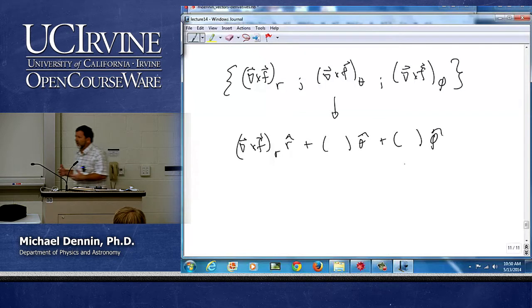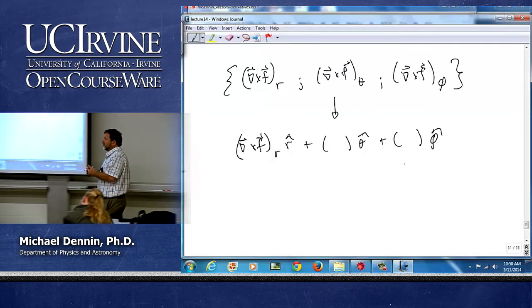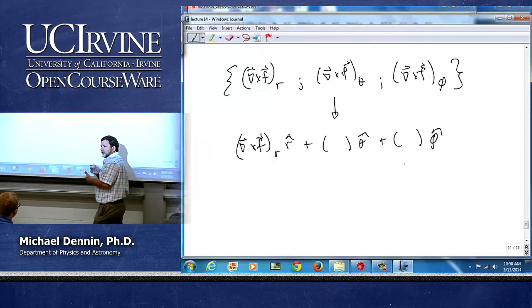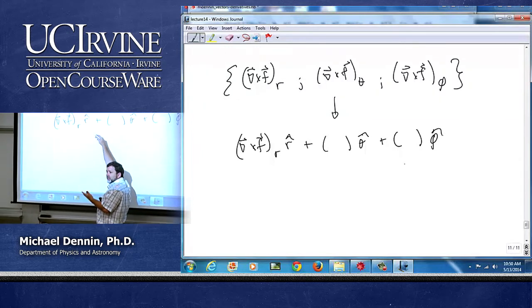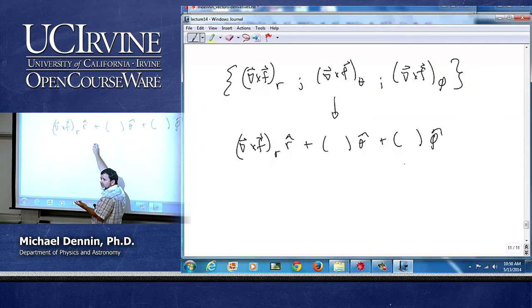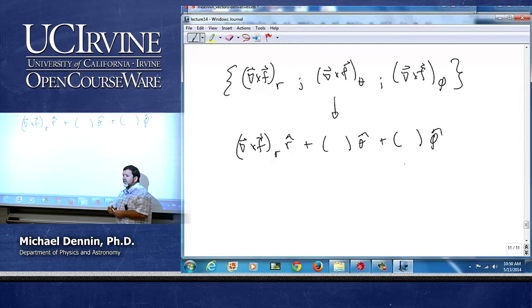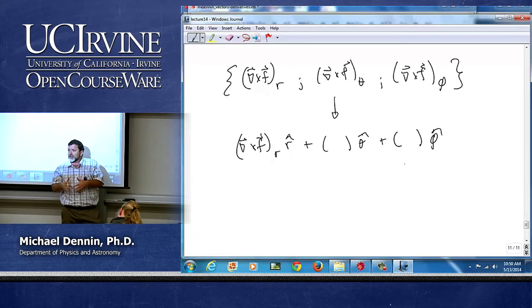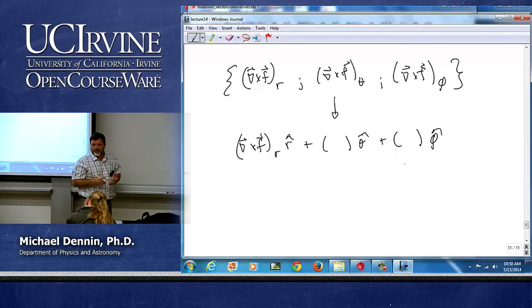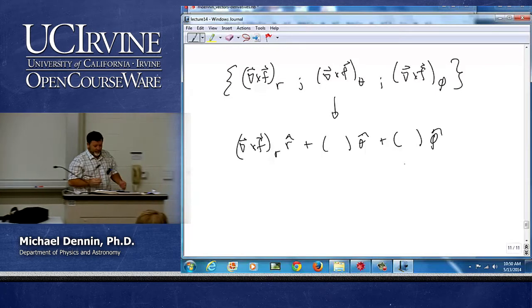So I need to know, that's why I went to the point of showing you the polar hats. So if I write it now instead of a list of 3 components, if I write it as a sum in terms of r hat, theta hat, and phi hat, then I can add that to other vectors that are also a sum of r hat, theta hat, phi hat. And I can keep track of things.